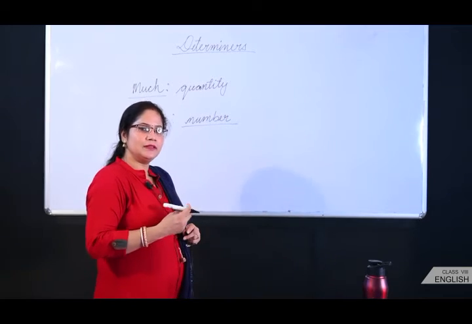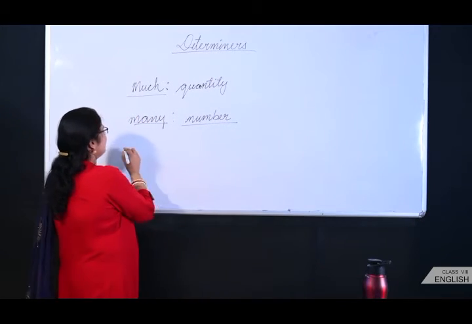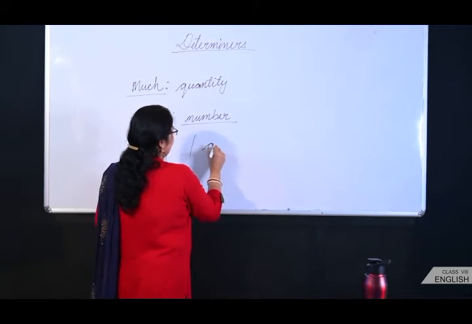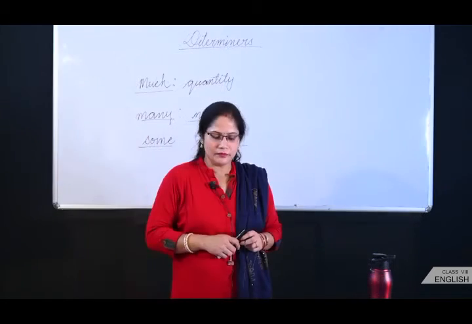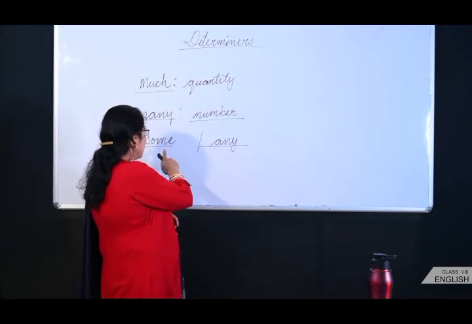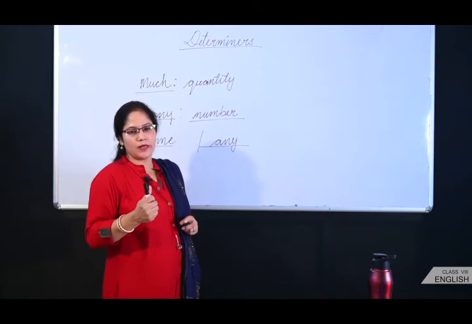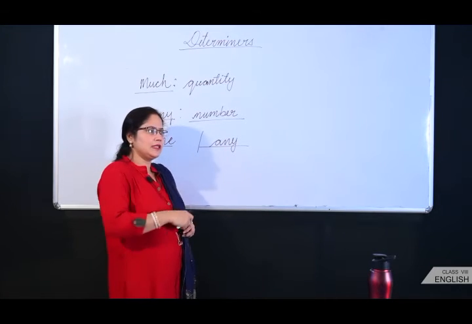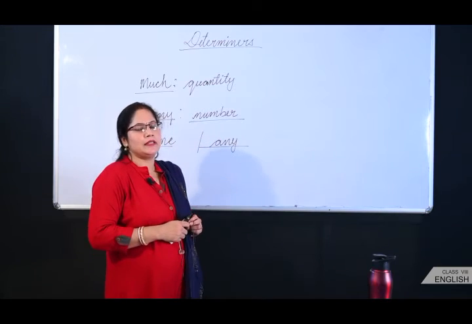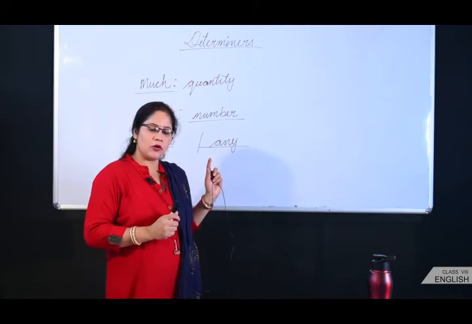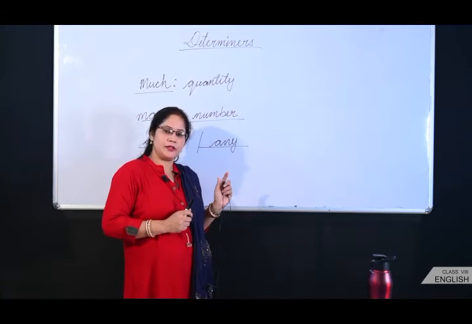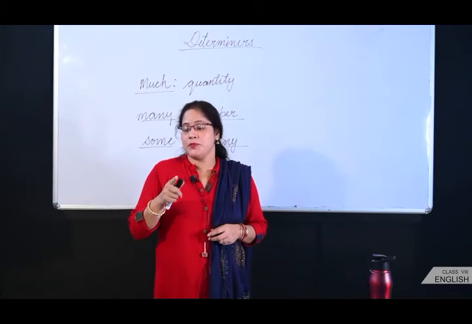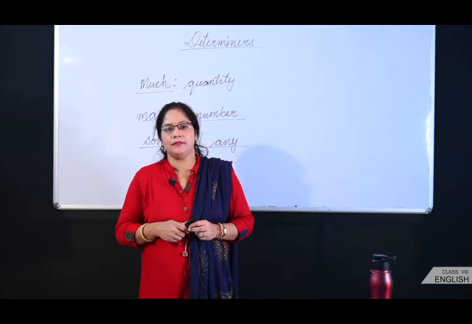Clear? Now we will learn about some more determiners, that is some and any. Some is used to indicate indefinite quantity, number of persons or things. Here you have to keep one thing in your mind, that it is also used in affirmative sentences and interrogative sentences when a positive response is desired or expected.